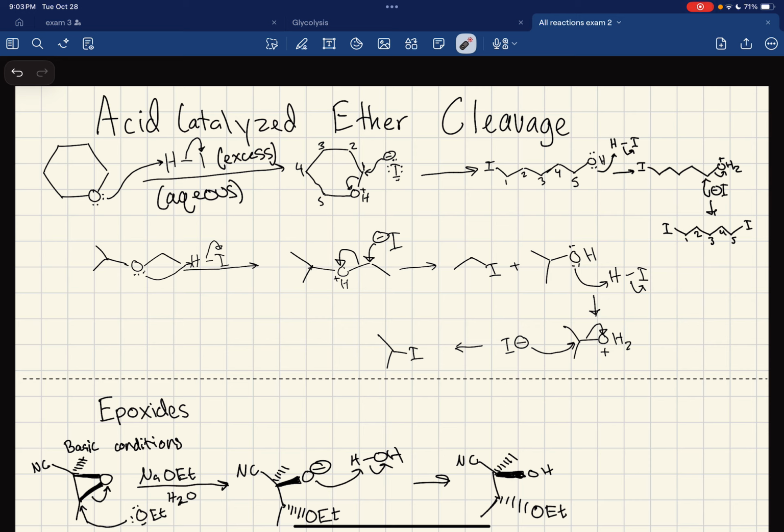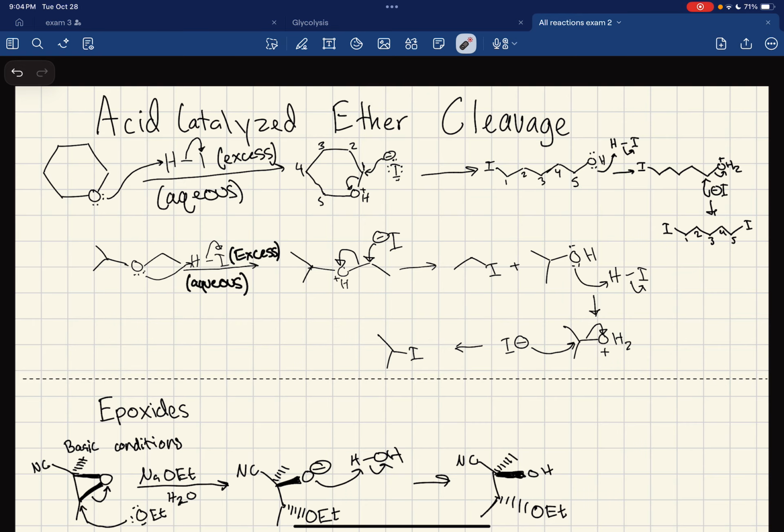But in the end, I don't think it matters that much because once again, we'll act like this is excess. I'll say it's excess right here. And then, like I said before, acids like this are always aqueous. It's never just an acid.